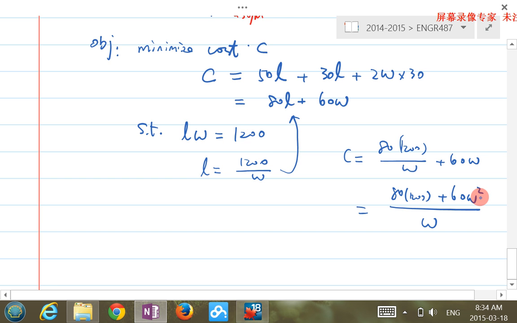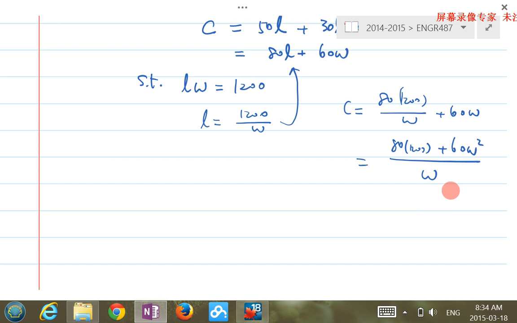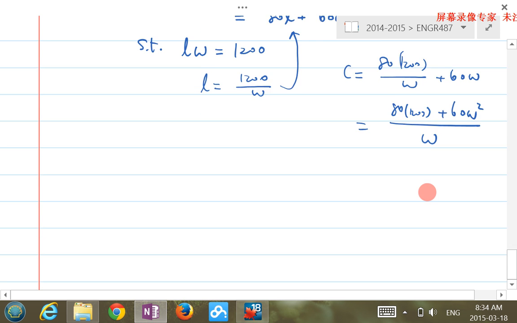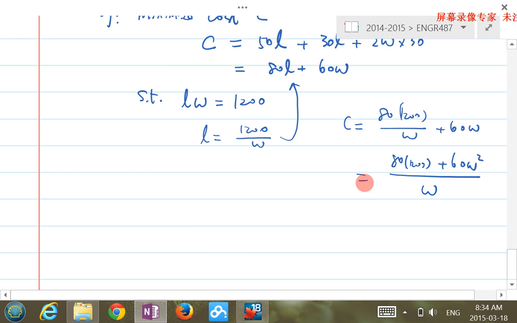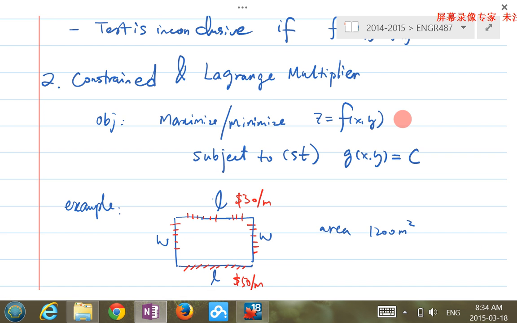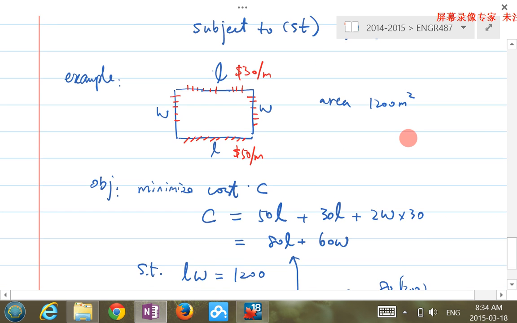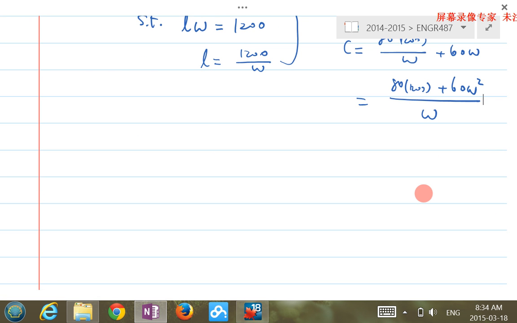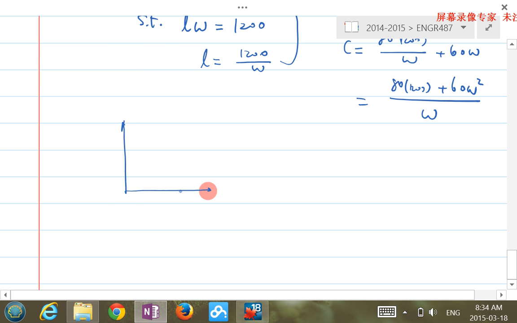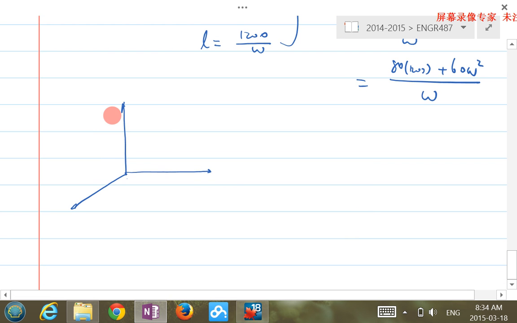But we'll use a more generic way of solving it. So let's think about this kind of constraint. I'll go back to the generic description here and think about this constrained problem. I'll draw an illustration here.